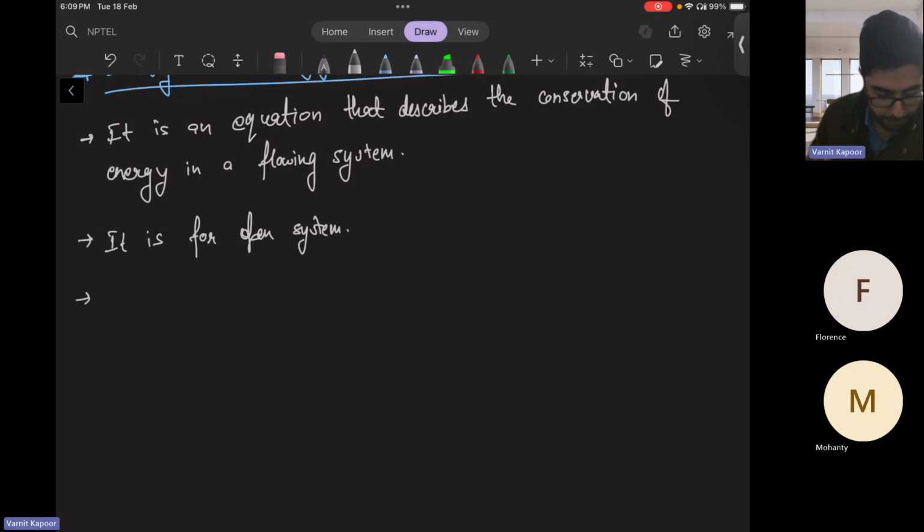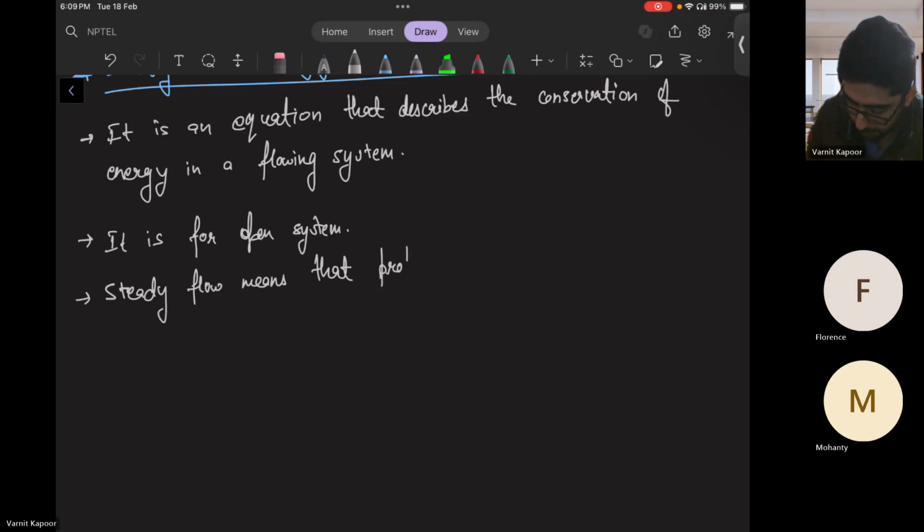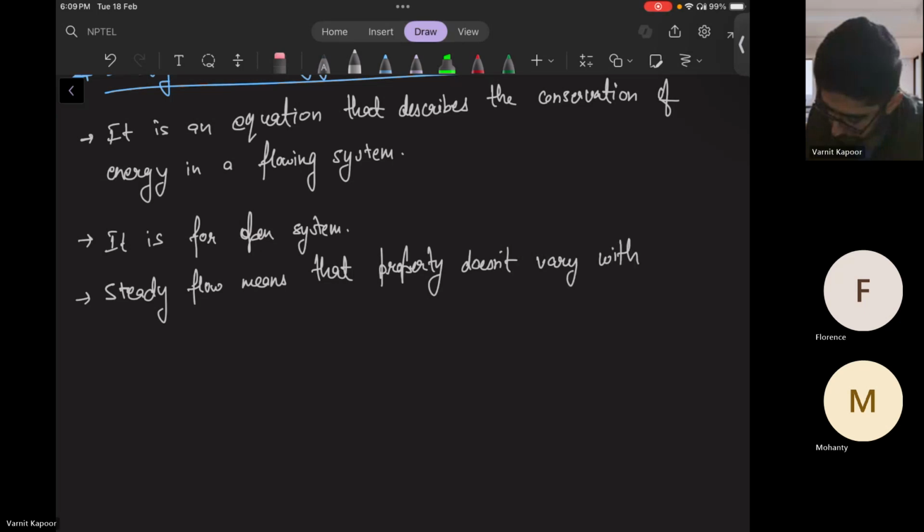Then steady flow means that property doesn't vary with respect to time.